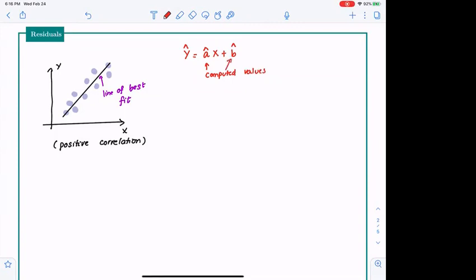The value of slope and the value of the intercept computed using the sample. So I put a hat on top of each variable except x, because the hat indicates that those values are computed from the sample. In other words, they are statistics. So A hat and B hat are estimated.